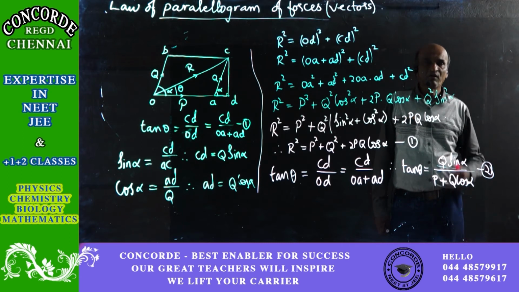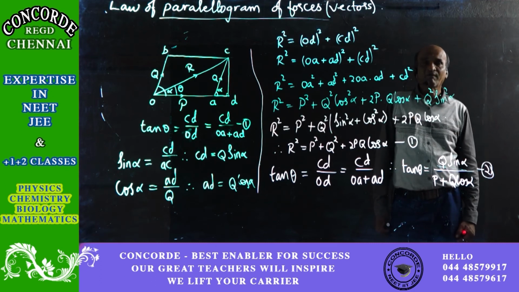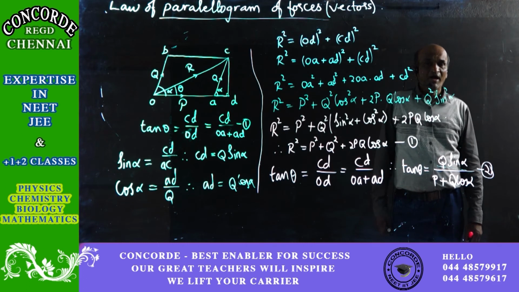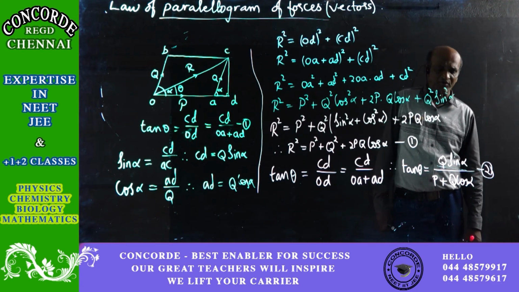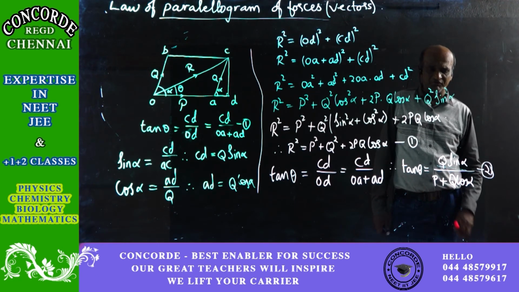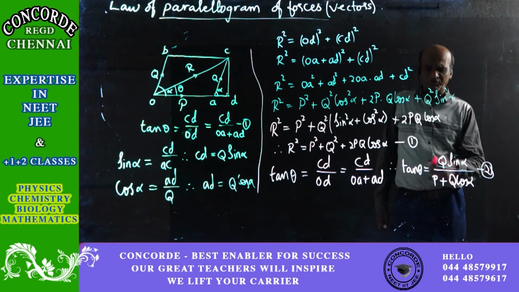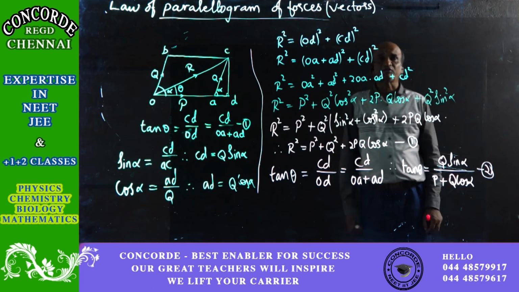And the angle between the forces is given. He is asking us to find out what will be the direction of the resultant. And for that we will be using the equation tan theta is equal to Q sin alpha by P plus Q cos alpha. So put Q equal to 20 and P equal to 25. Or you can put Q equal to 25 and P equal to 20. All that is okay. Using that we can also find out the angle theta.